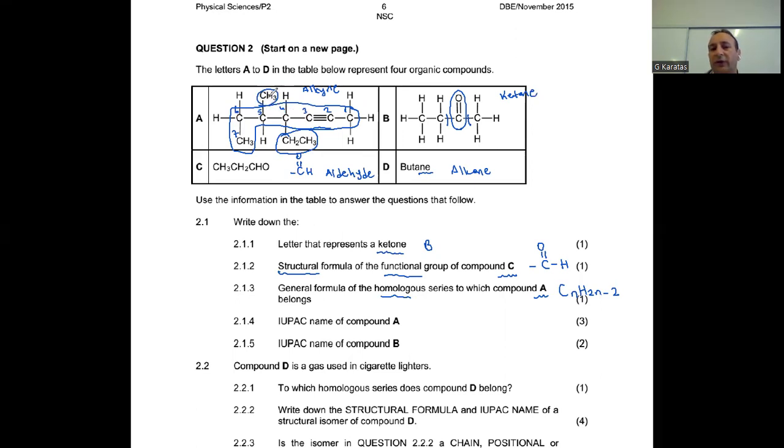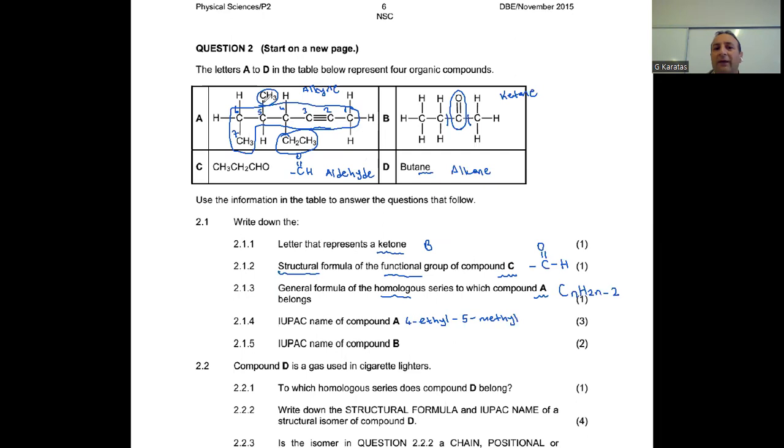The one on the 5th carbon is a methyl group, and the one on the 4th carbon is an ethyl group. Ethyl, in alphabetical order, comes first, so I must start with the ethyl group. 4-ethyl, and it is followed by methyl, which is on the 5th carbon, 5-methyl.